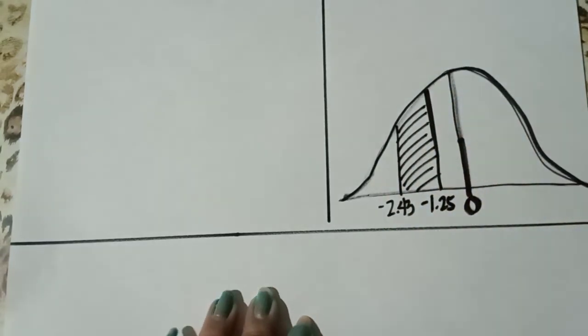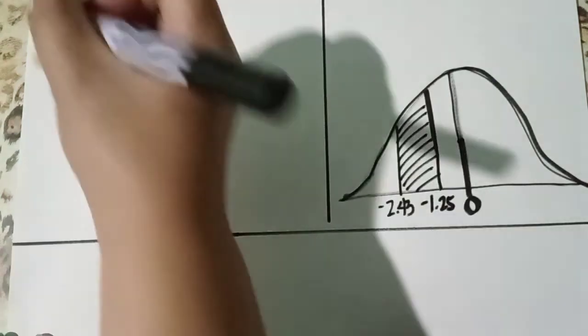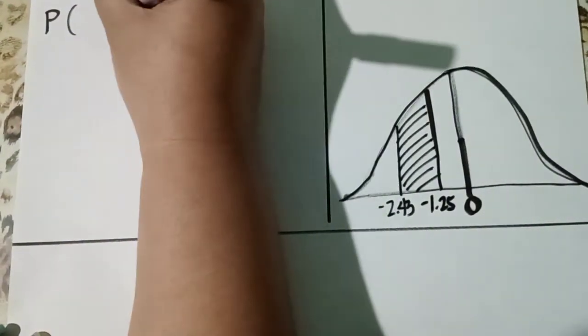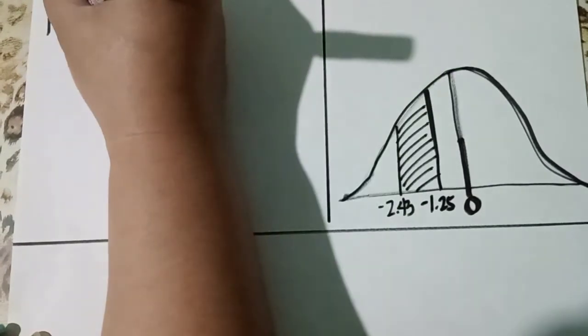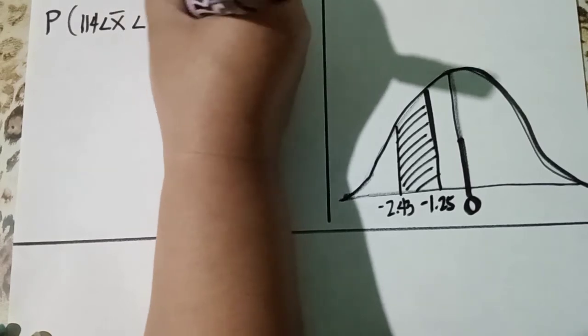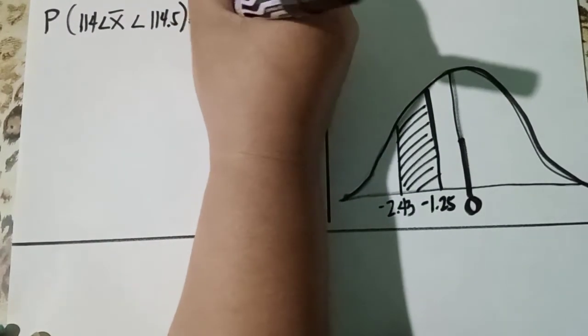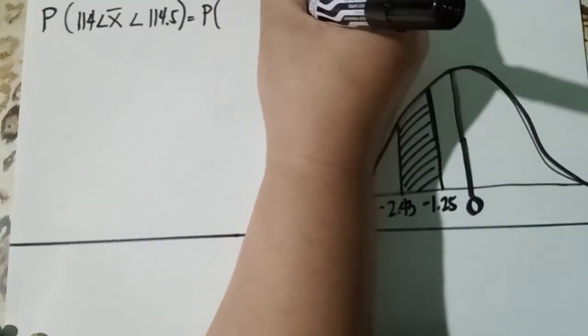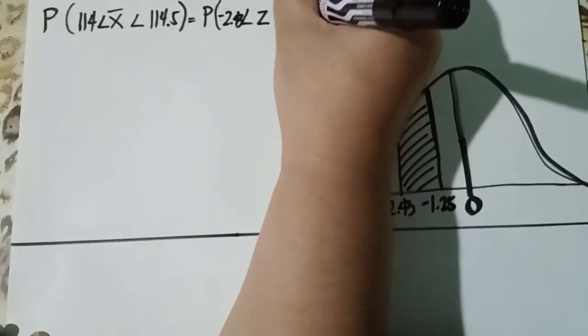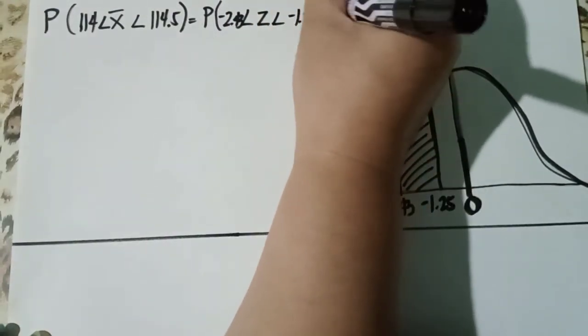And then, class, we're going to use the probability that the mean is greater than 114 but less than 114.5. So we have now the probability that our standard score is greater than negative 2.43 but less than negative 1.25.